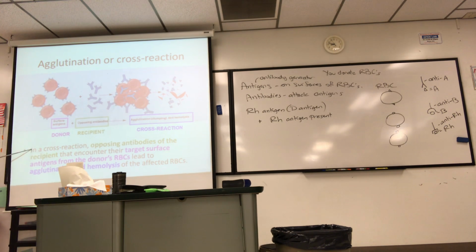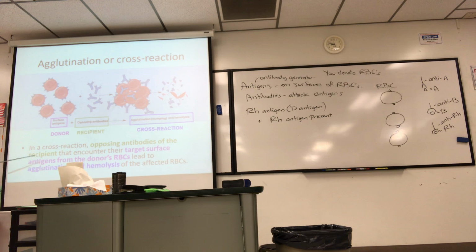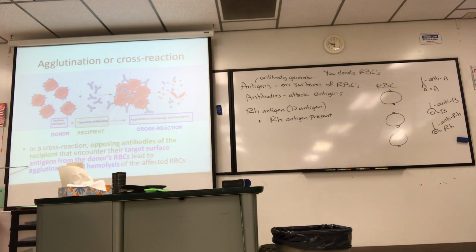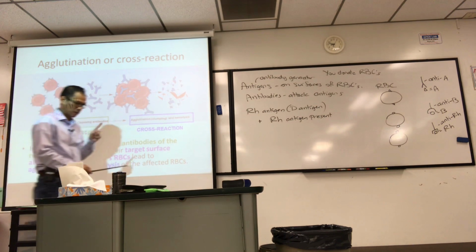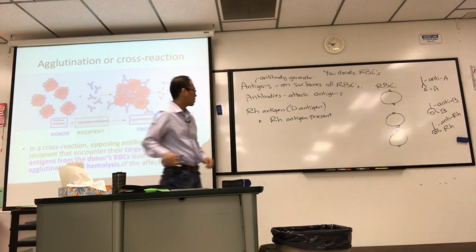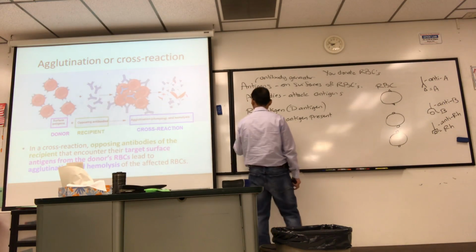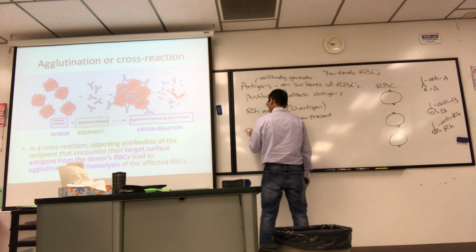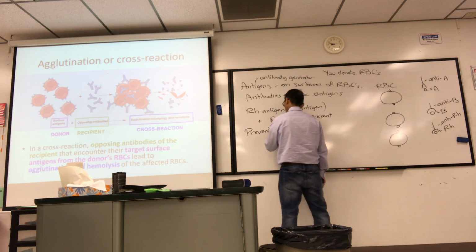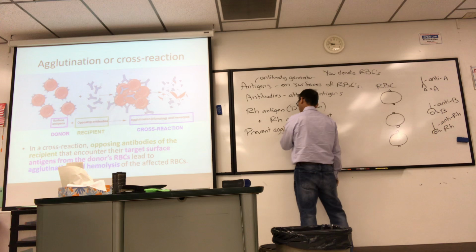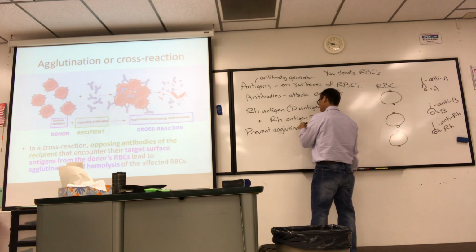In a cross reaction, opposing antibodies in the recipient encounter their target surface antigens from the donor's blood, which leads to agglutination. So the whole goal is to prevent agglutination.